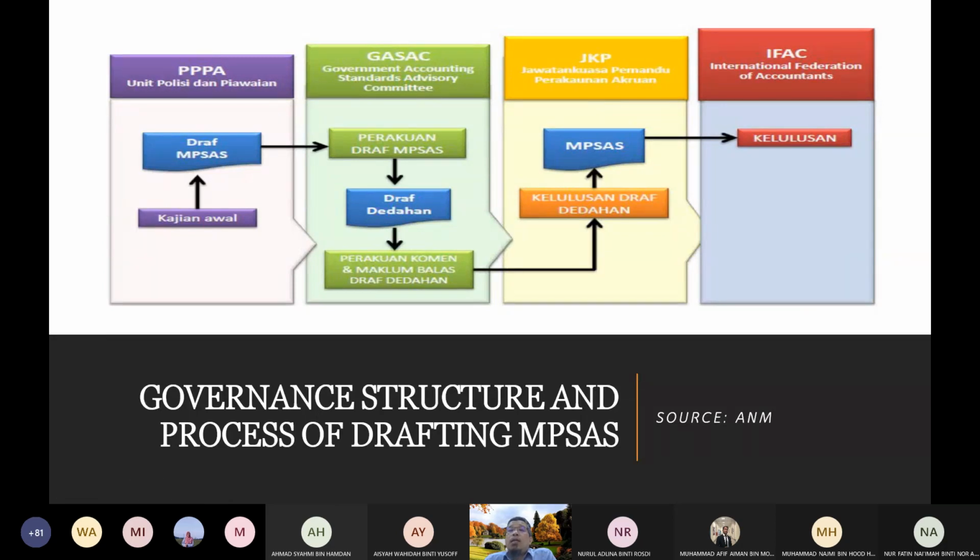The final approval for adoption of the standards is by IFAC, so you can see close monitoring by IFAC of the adoption of IPSAS, which in Malaysia is labeled as MPSAS.